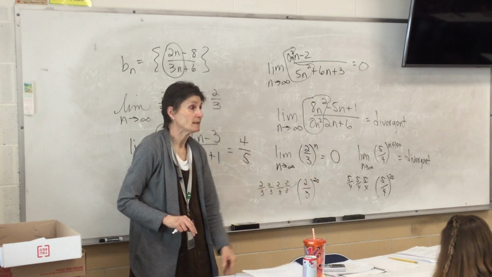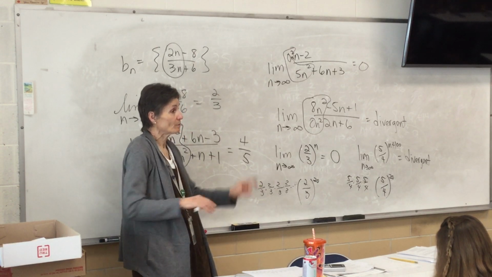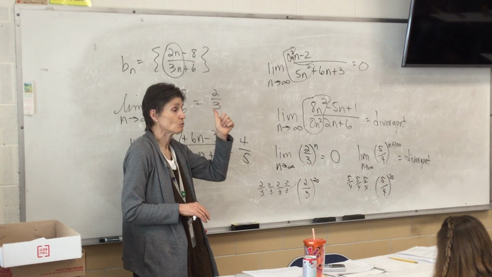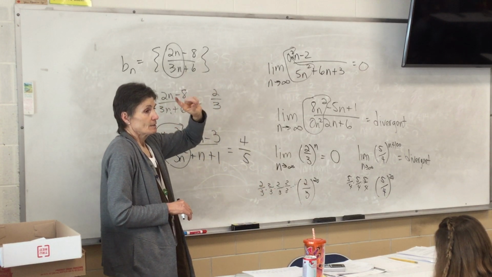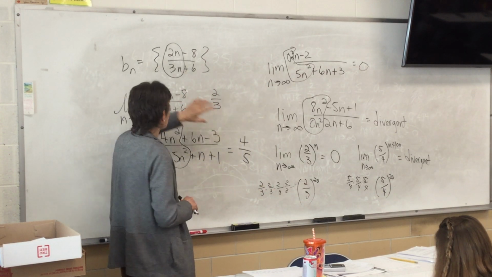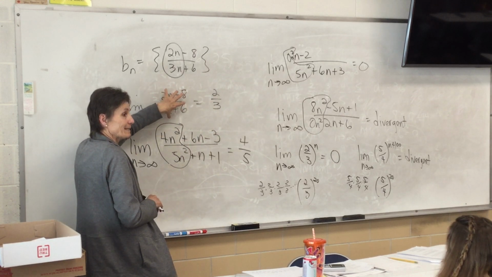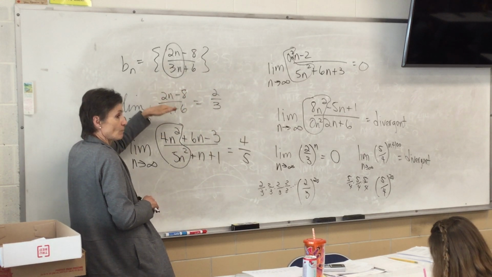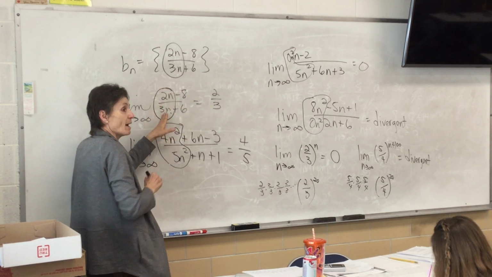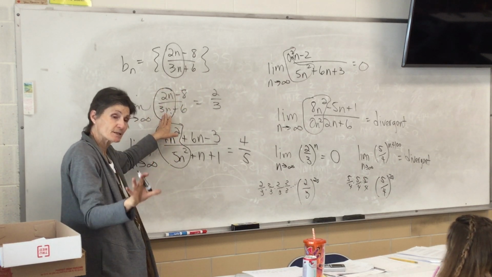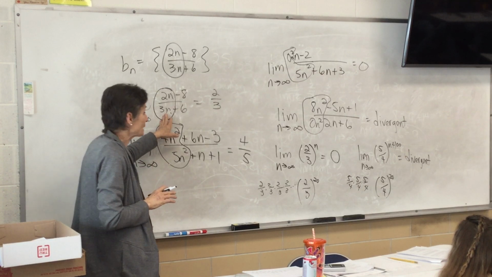Now I said there were 3 limit rules we're using. Let's review. We've only used 2 so far. I have to give you the 3rd one. So the first rule is, if you have n's over n's, then you compare the highest power, just like your horizontal asymptotes.